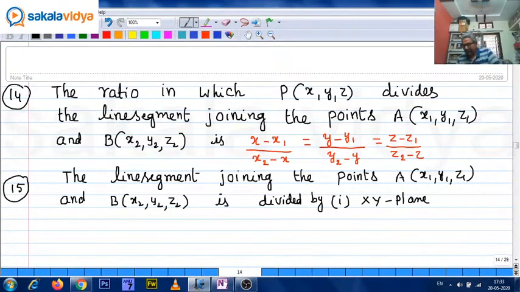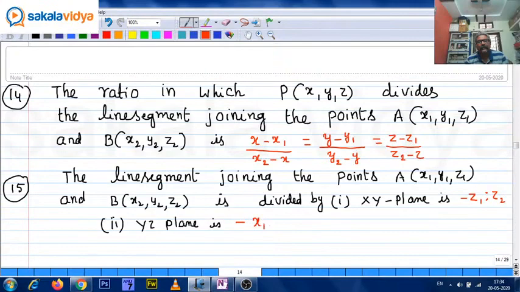Here we can write the ratio as minus z1 is to z2. Second point, yz plane is minus x1 is to x2.